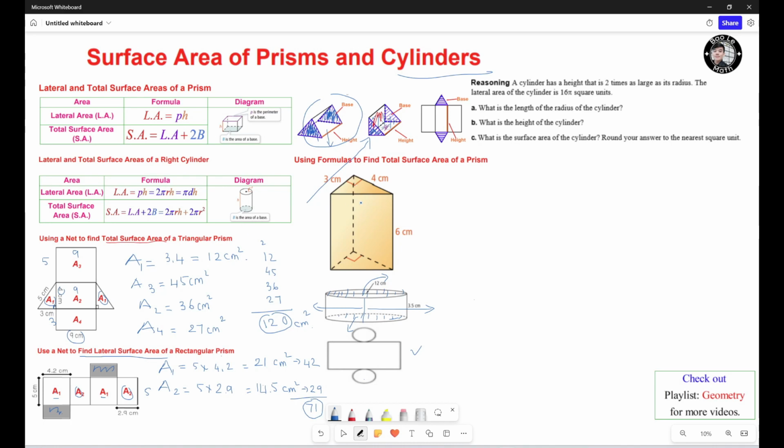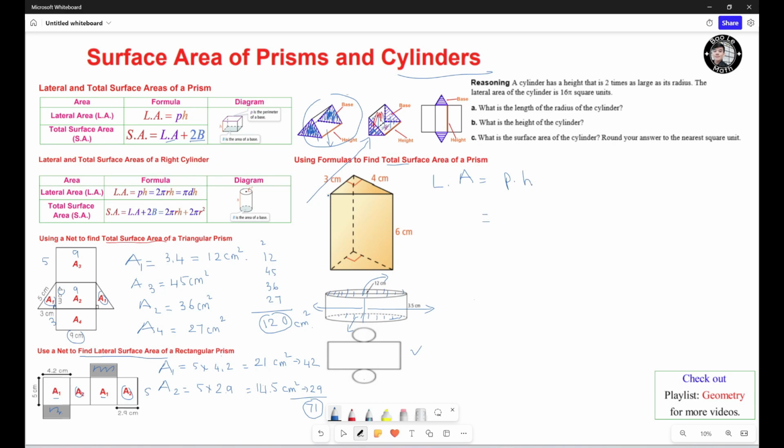This one right here, number 3. Using the formula to find the total surface area of a prism. So, the total surface area of a prism equals the lateral surface area plus the area of two bases, right? Alright, so we need to calculate the lateral surface area first. So lateral surface area equals perimeter times height.